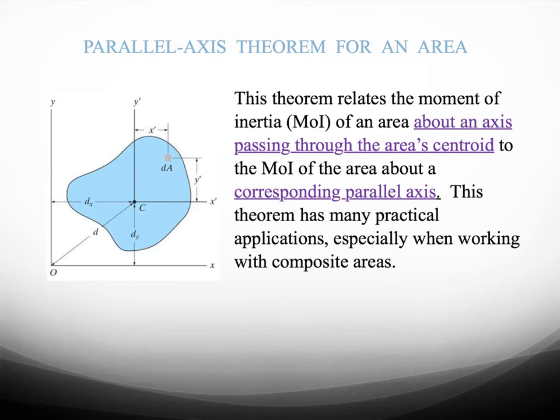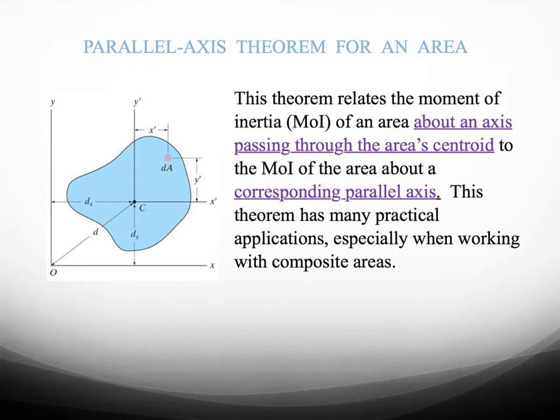And that's why it's called the parallel axis theorem. We're going to use this a lot in calculating the total moment of inertia of composite masses. That's similar to what we did in Chapter 9, where we found the centroid of a composite mass using the centroids of the individual pieces. Here we're going to do something similar, but first we need to know this parallel axis theorem.